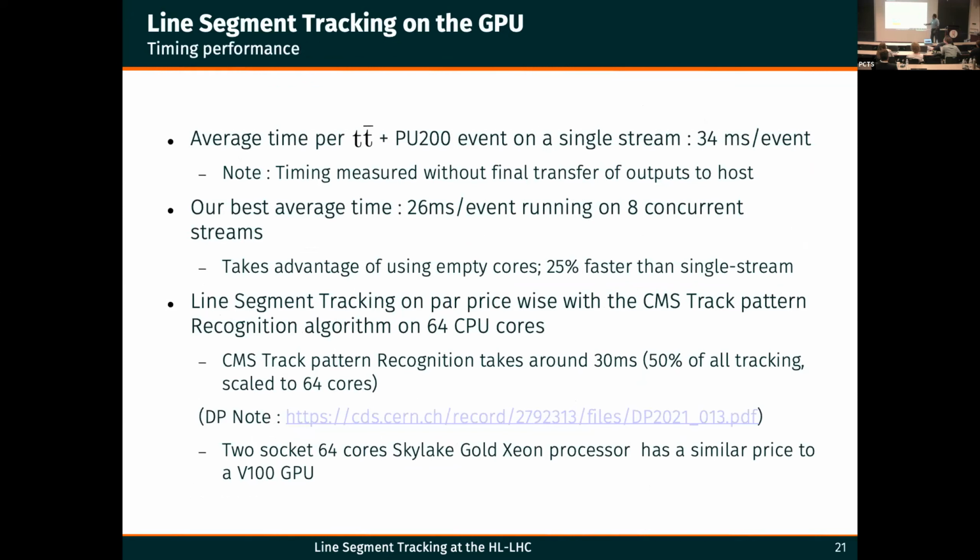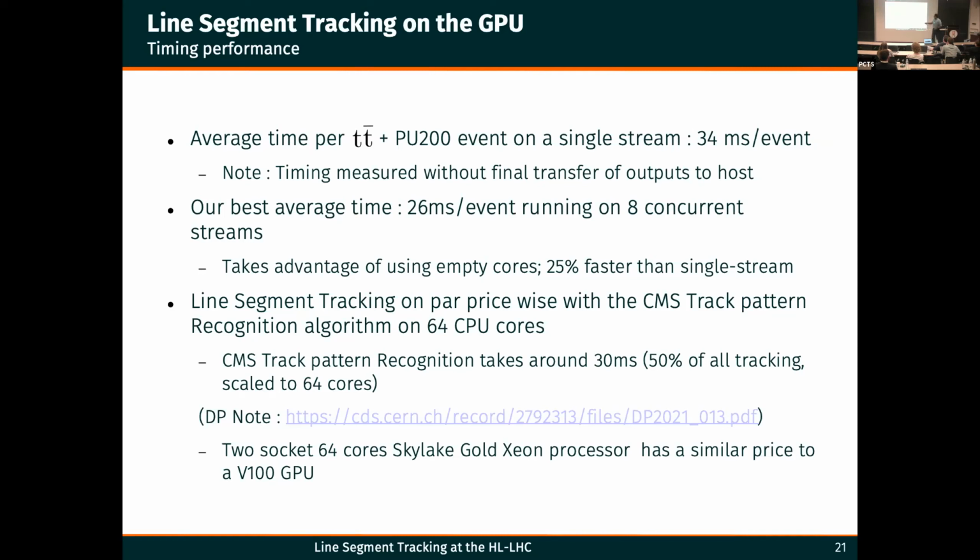On the timing front, our average time is something like 26 milliseconds per pileup 200 event. To compare it with, say, running the combinatorial existing CKF software on 64 cores, that takes around 30 milliseconds.